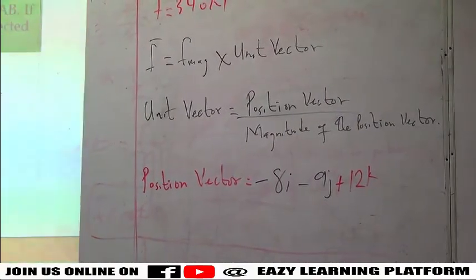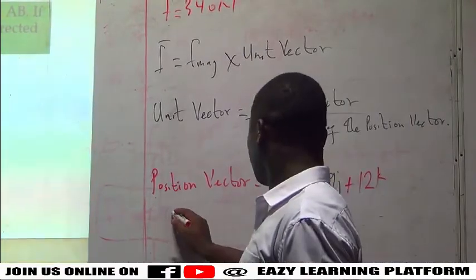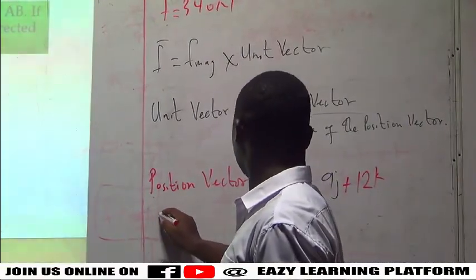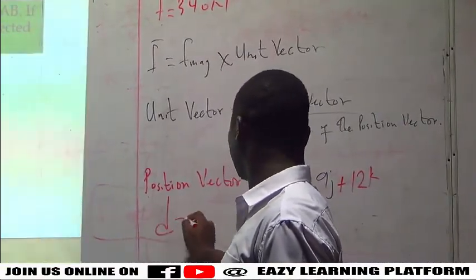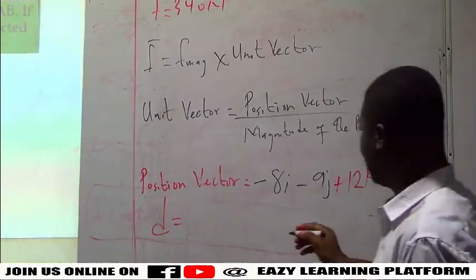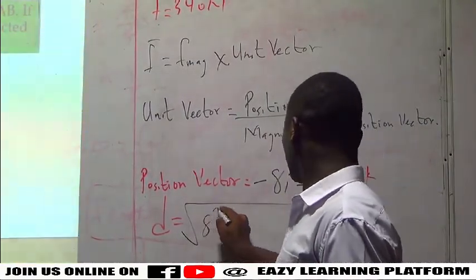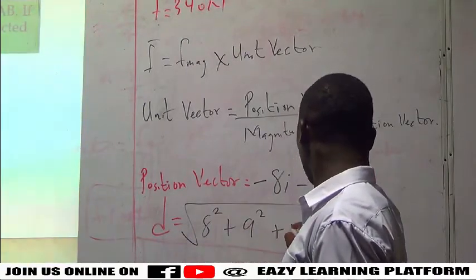Having found the position vector, what will be my magnitude? So let me write the magnitude of the position vector as D. And we know that it's the square root of all this. So 8 squared plus 9 squared plus 12 squared.